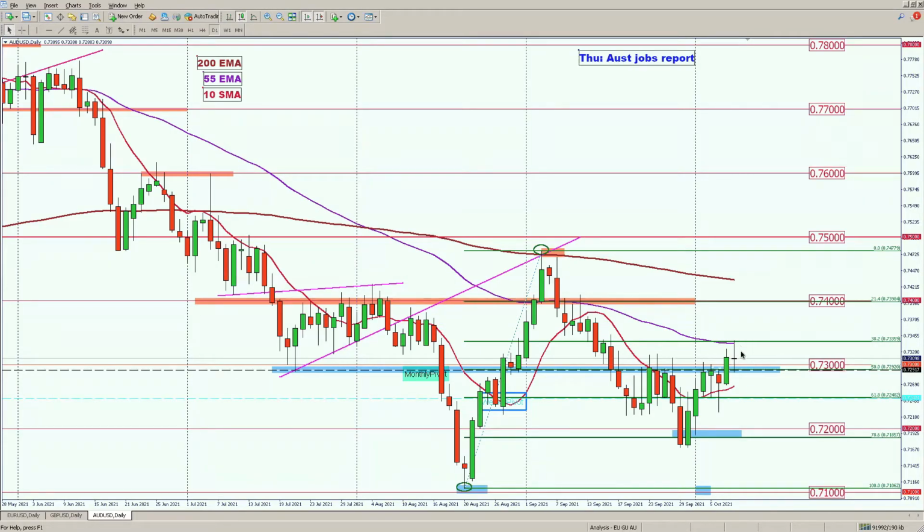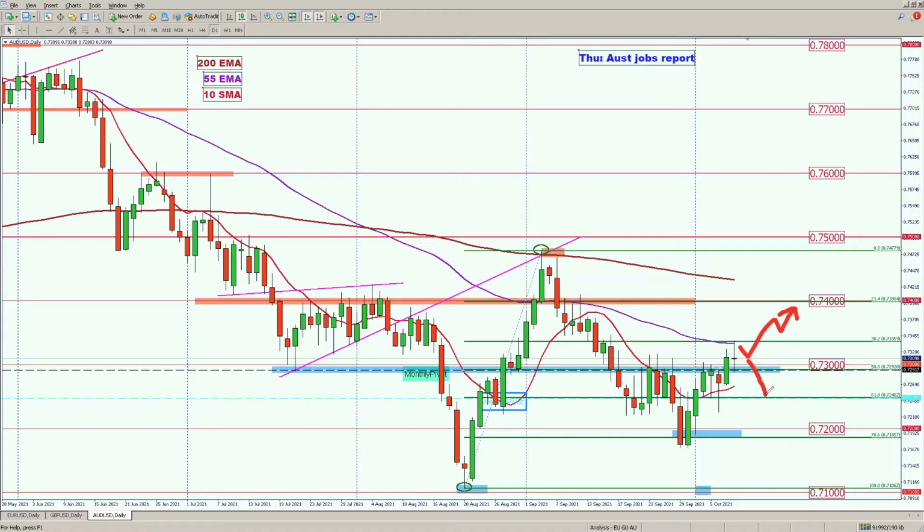So it could consolidate below that. Otherwise, it needs to break out higher and attempt to target the 0.74 area.